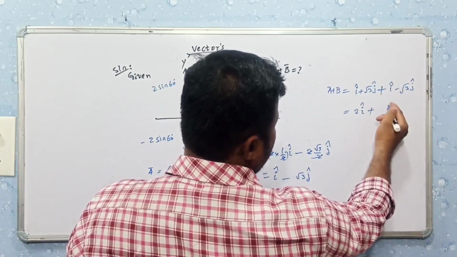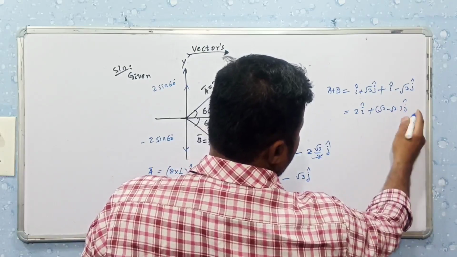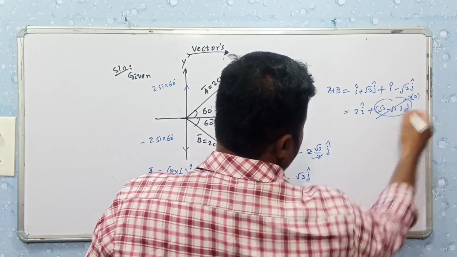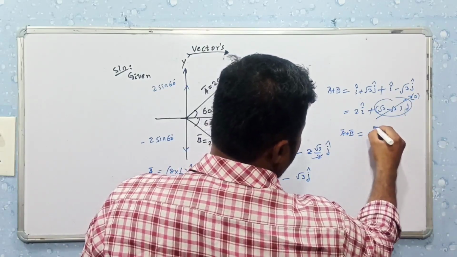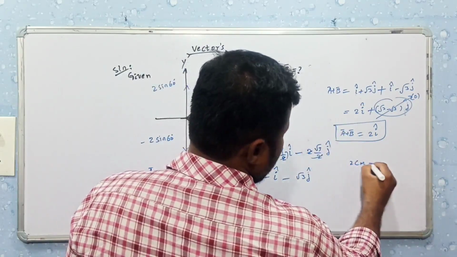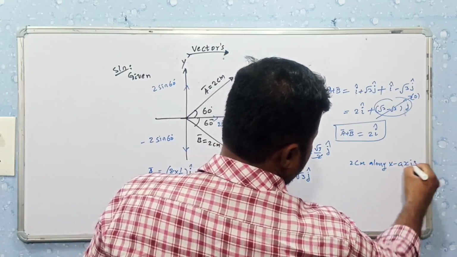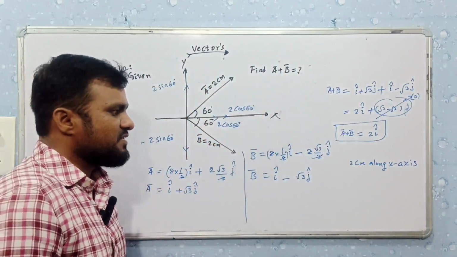This cancels, yes or no? Root 3 minus root 3 j cap, these are cancelled, becomes 0. The resultant of A bar plus B bar is equal to 2 i cap, meaning 2 centimeters along the x-axis. 2 i cap indicates that along the x-axis is the resultant.